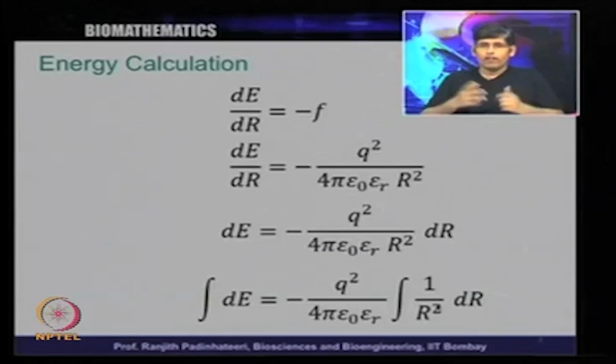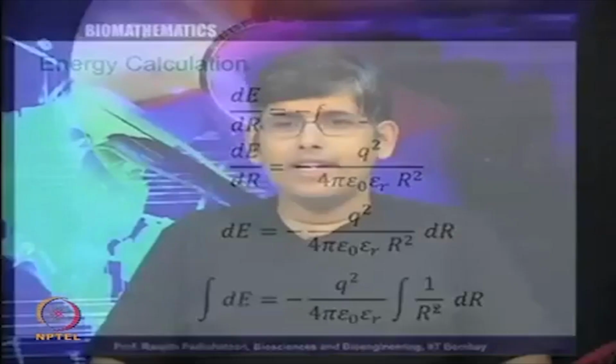So what is the integral of 1 over r square here? We know that the integral of 1 over x power n, that is, the integral of x power minus n, is x power minus n plus 1 divided by minus n plus 1. We know this. So let us have a look at it.